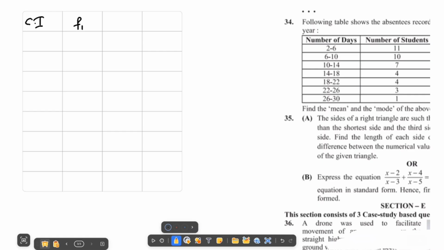To find the mean, we need class marks, the average of lower limit and upper limit. Next, the sum of the product of frequencies and class marks.